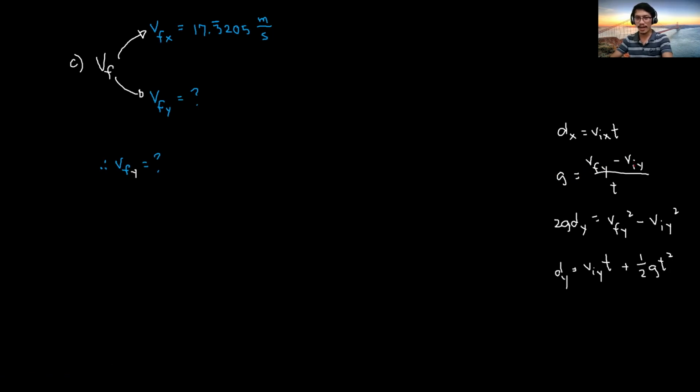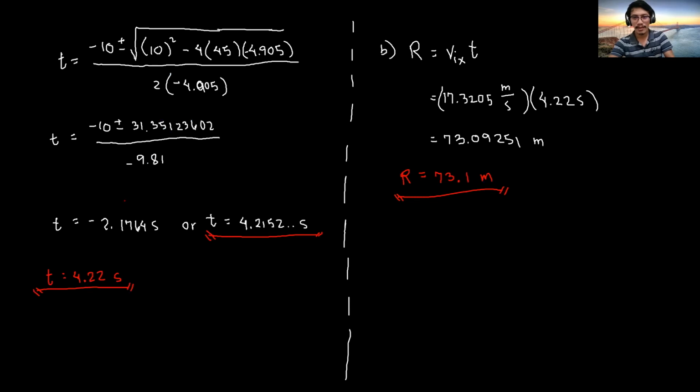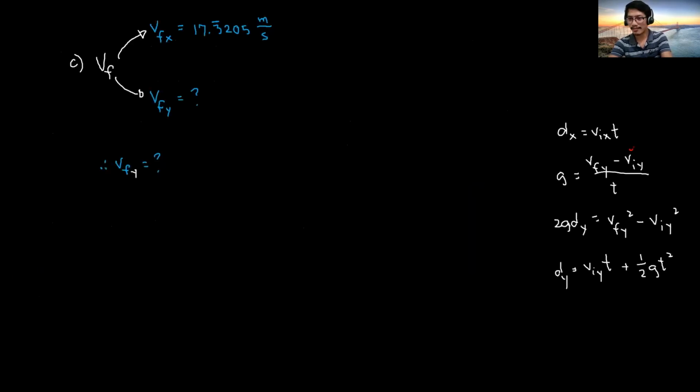Yes, we have G. Do we have VIY? Di ba meron tayong VIY kanina? Ayun, we have VIY. Check. And do we have time? Yes, check. So that means we can use this equation. Kapag final velocity talaga ang hinahanap natin, ito yung equation na gagamitin natin.